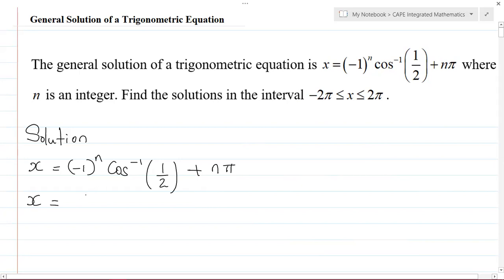Assuming that your calculator is in radian mode, of course, because we want our angles in radians. So that's -1 to the power of n times the cos inverse of a half, which is actually pi over 3 radians, plus n pi. And they told us that n is an integer, a member of the set of integers.